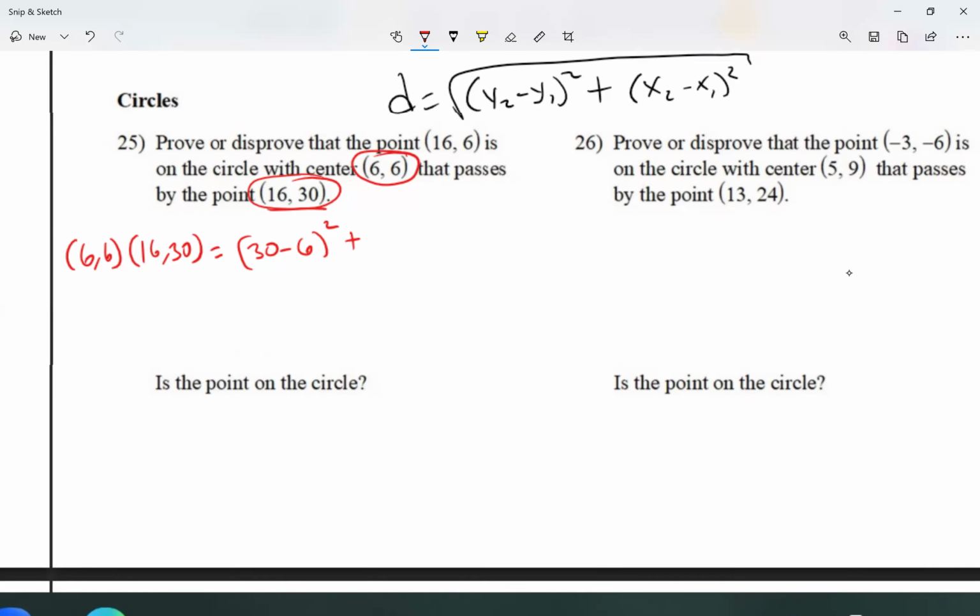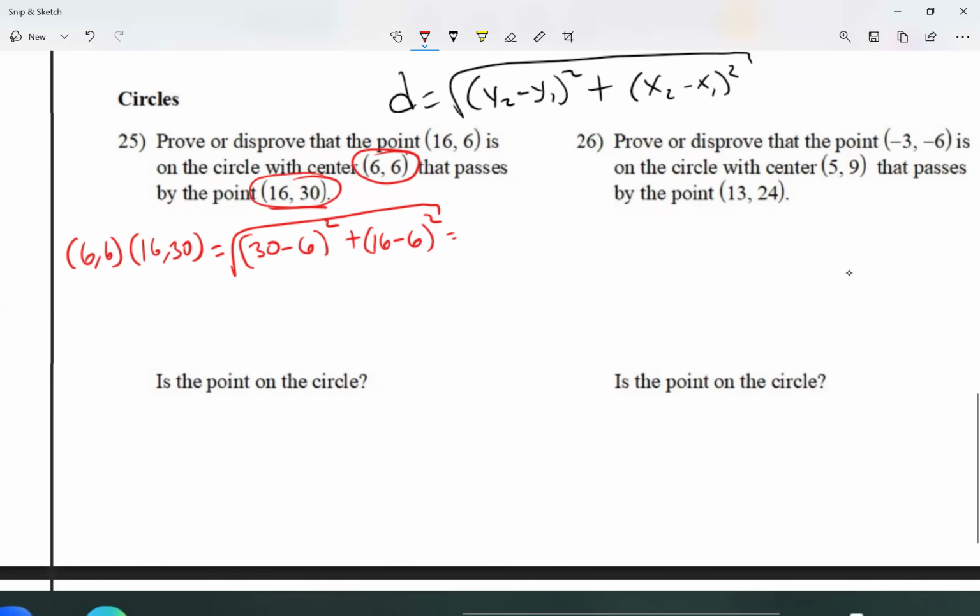I see 16 and 6. So I'm going to go 16 minus 6, all squared. So this basically is, okay, 30 minus 6, that's 24, right? 24 squared. 16 minus 6, that's 10 squared. I'm gonna type it in my calculator. You guys have a calculator.